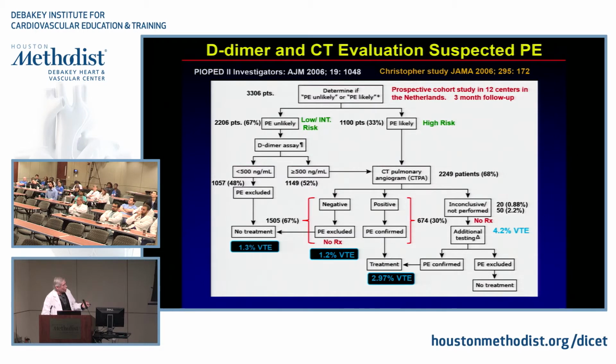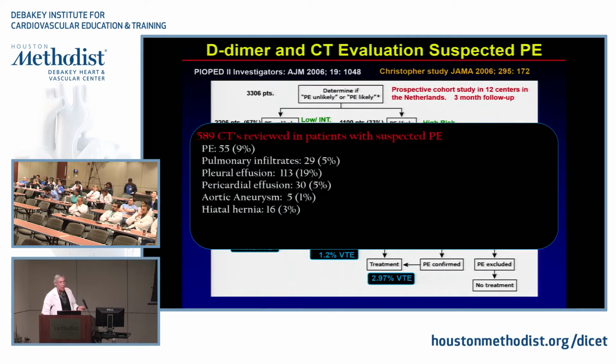And I want to just emphasize that there are times when you get inconclusive studies. For instance, in this particular large series, there were still some patients who had inconclusive studies. A lot of times that is due to the way the study was acquired. I'm going to talk about that in a minute, but I also want to emphasize that when you do CT, not only do you see pulmonary emboli, but you obviously many times pick up other things, okay?